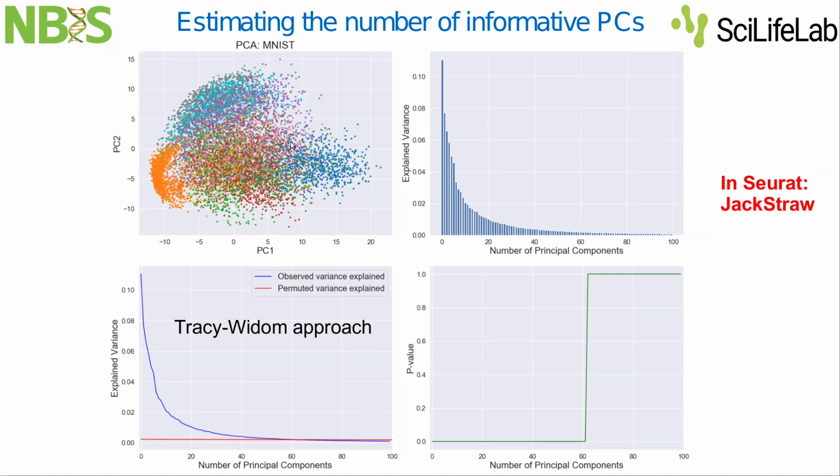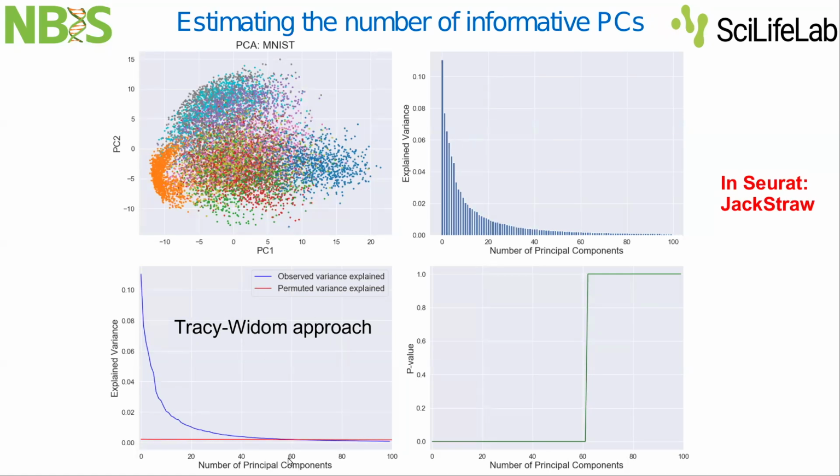You shuffle it, you randomize it, so that elements of the matrix jump to random positions within the same matrix. You shuffle rows, shuffle columns, and you compute PCA on this shuffled matrix again. And you do it many, many times, and you average the explained variance on a shuffled data matrix.